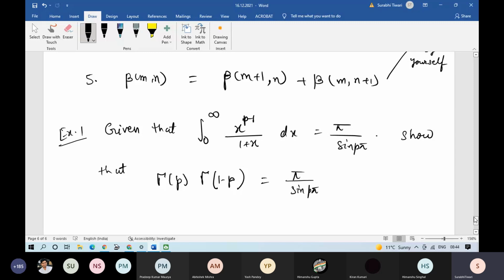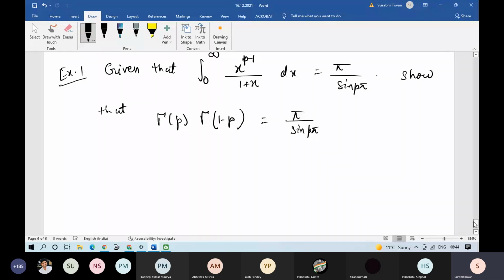And of course, the limits will also change then. So do some adjustment to change this integral. So what we do: let x upon 1 plus x be equal to y. So this implies x is equal to y upon 1 minus y.